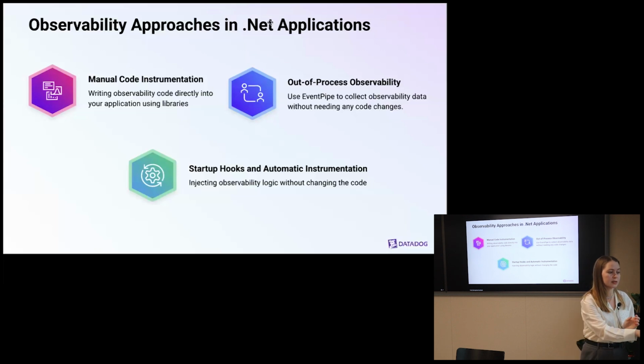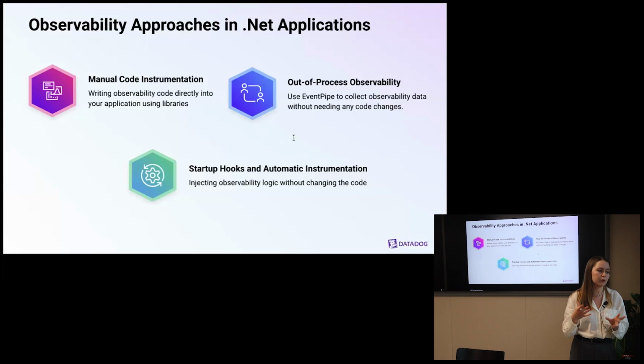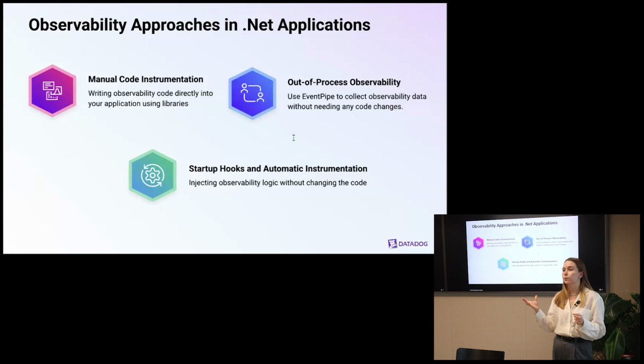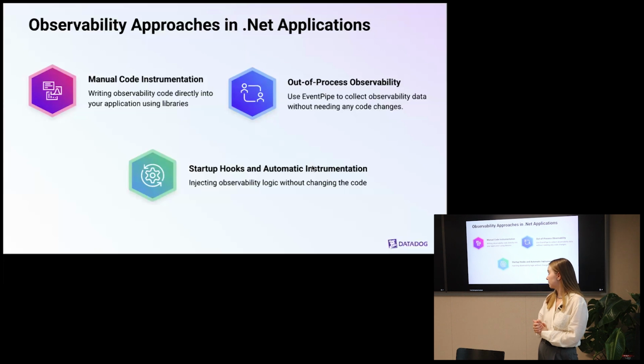The next one is out-of-process observability, because in .NET we have the diagnostic pipeline called EventPipe, and it lets a tool like dotnet-monitor attach to your running app. So again, this could be a good way to start, and you don't need to do much work. It's low overhead, it's production safe, and there are no memory dumps as well.